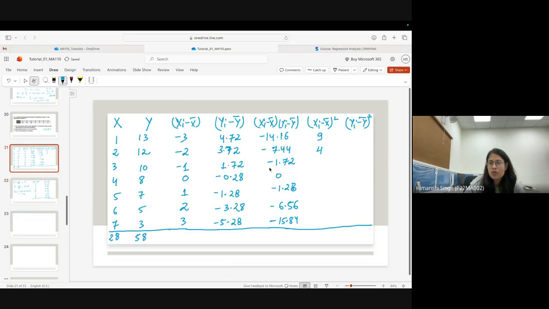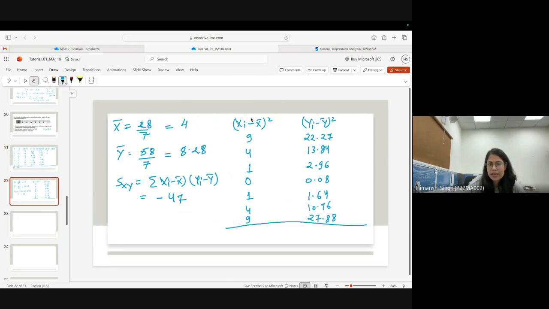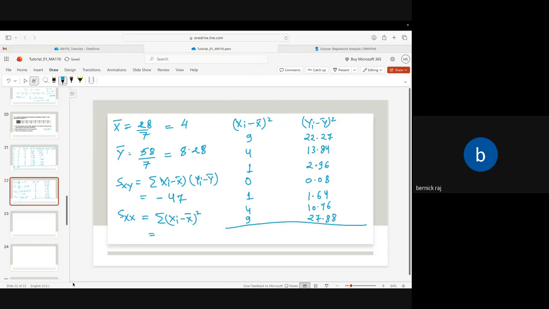Okay. Now what will be the summation of xi minus x bar whole square? That will be Sxx, which is 28.